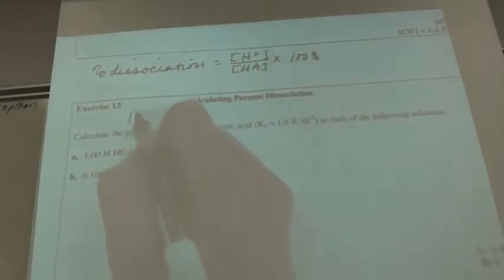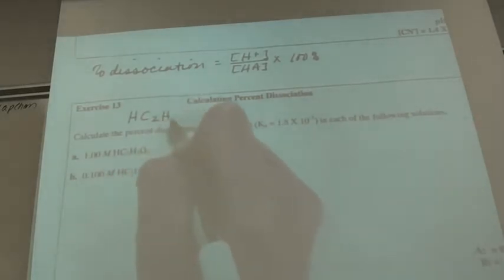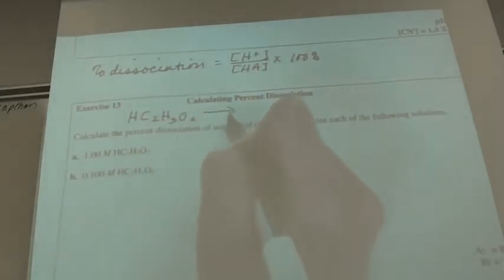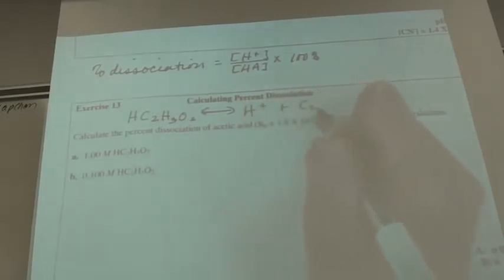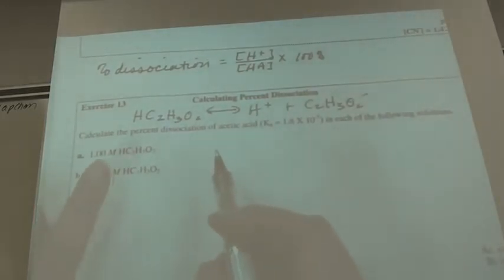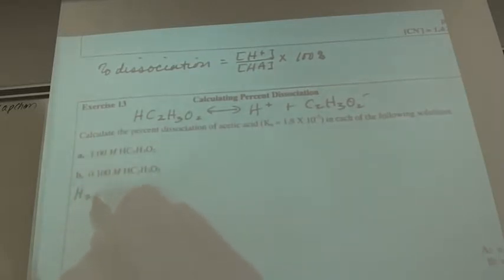HC2H3O2 will dissociate in an equilibrium expression to H plus and C2H3O2 minus. Agreed? Okay. This is a weak acid, so let's do our rice table.